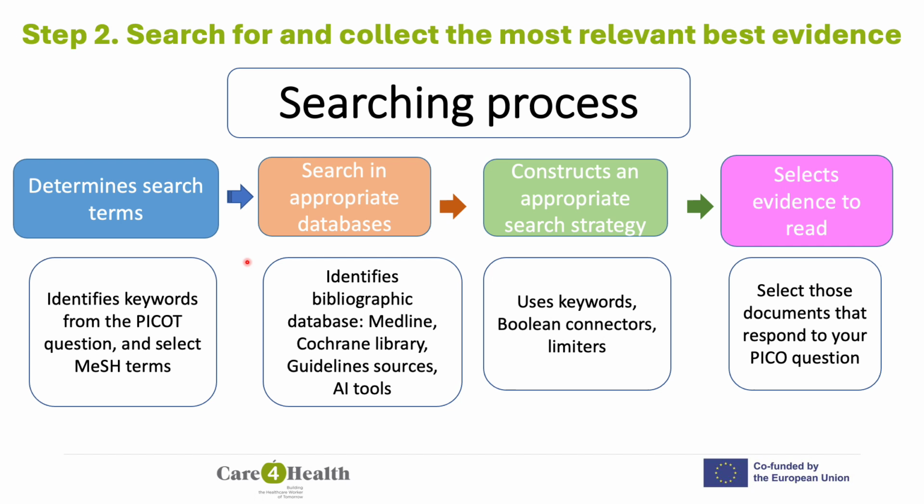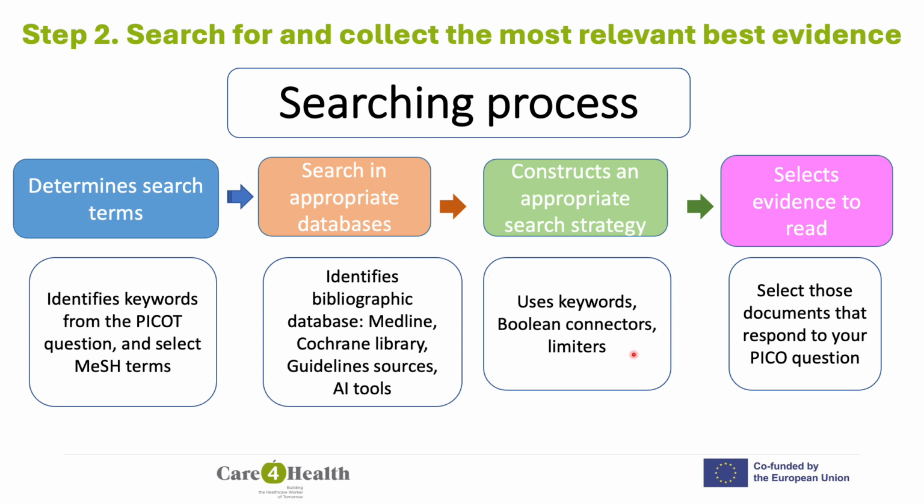And the second step is to search in the appropriate databases. As I showed you in this video, there are many of them, and depending on the type of source that we are searching, we are going to use one or other of these databases. Also remember that we have the opportunity to use AI tools in the future. The third step is to construct an appropriate search strategy.